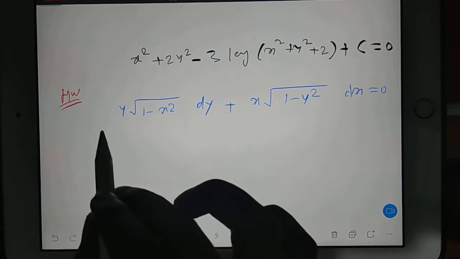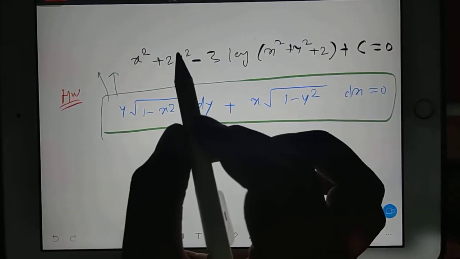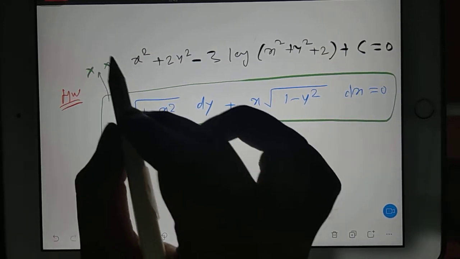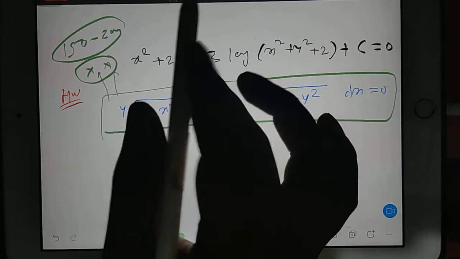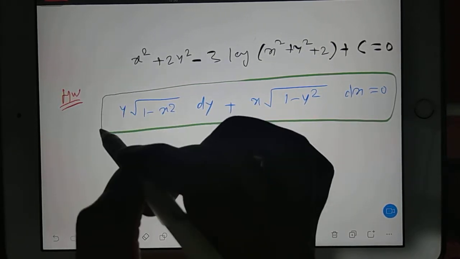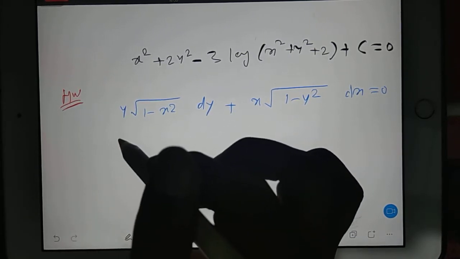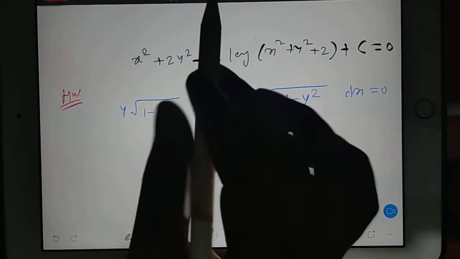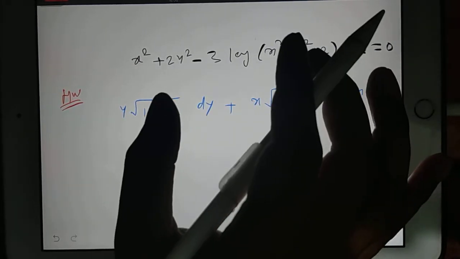Anyway, don't solve problems here and there. Directly go to Drive and solve only previous year GATE questions. There are more than 150 or 200 questions. They are all solved. You solve all those questions, okay? Because those questions have their own pace. You will come to know what kind of questions they ask in previous year GATE. Practice is different, and touching the main pace is different.